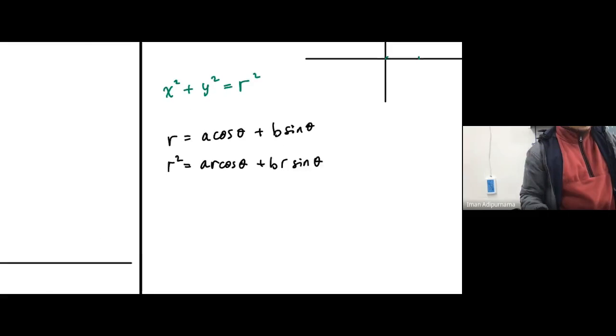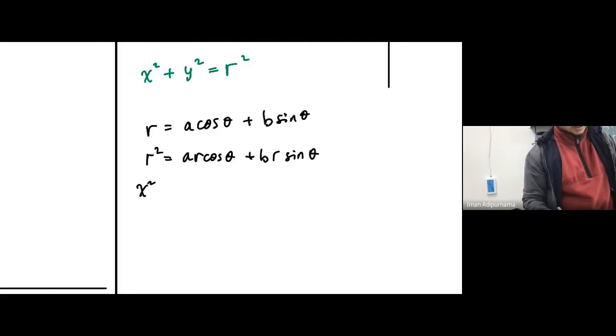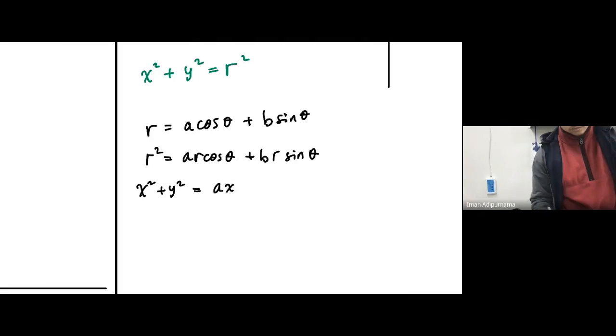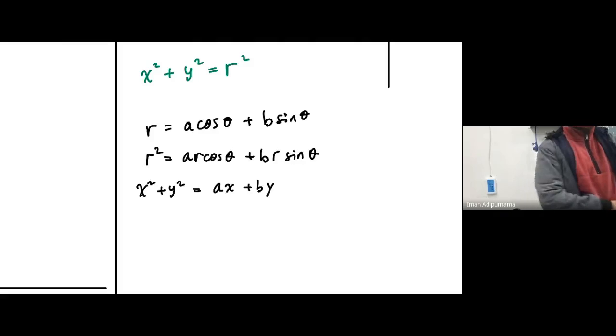Okay, now r squared is x squared plus y squared. r cos theta becomes x, and this becomes by. I think some of the students are confused here: what should I do after this, right?